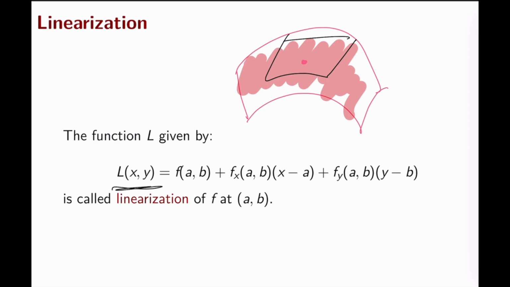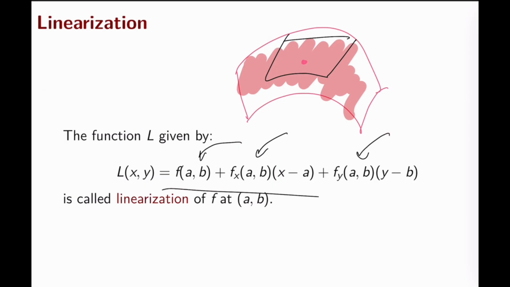So the linear function in two variables is going to be equal to the function evaluated at the point, plus the derivative at the point times x minus a, plus the other partial derivative at the point times y minus b. Remember that these things are evaluated, so all these three things are just numbers.